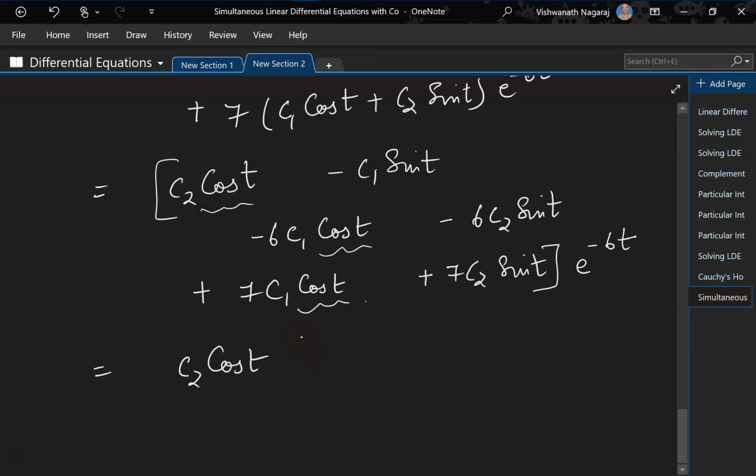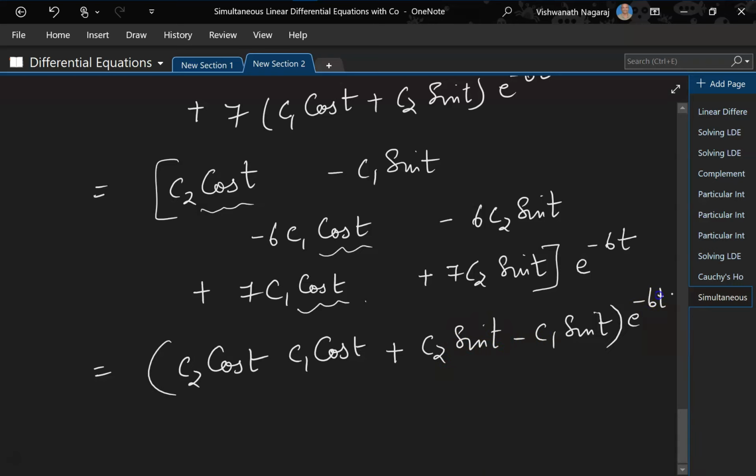7 c1 cos t minus 6 c1 cos t is c1 cos t. Then minus this again is plus, so plus c2 sin t minus c1 sin t, e to the power of minus 6t.